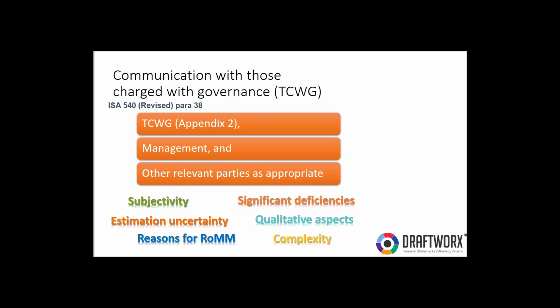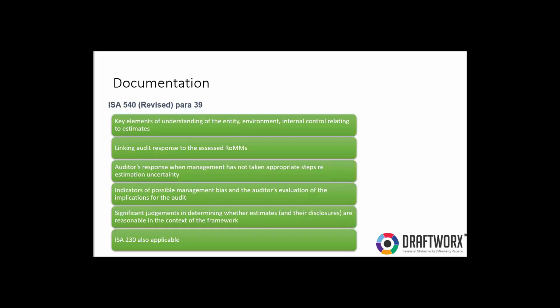All right, and all of this gets pulled together ultimately in the documentation. So it's critical. You can see that when we talk about documentation, we again follow through all of these basic steps. You need to document your key elements of understanding the entity, its environment, and internal control relating to estimates.